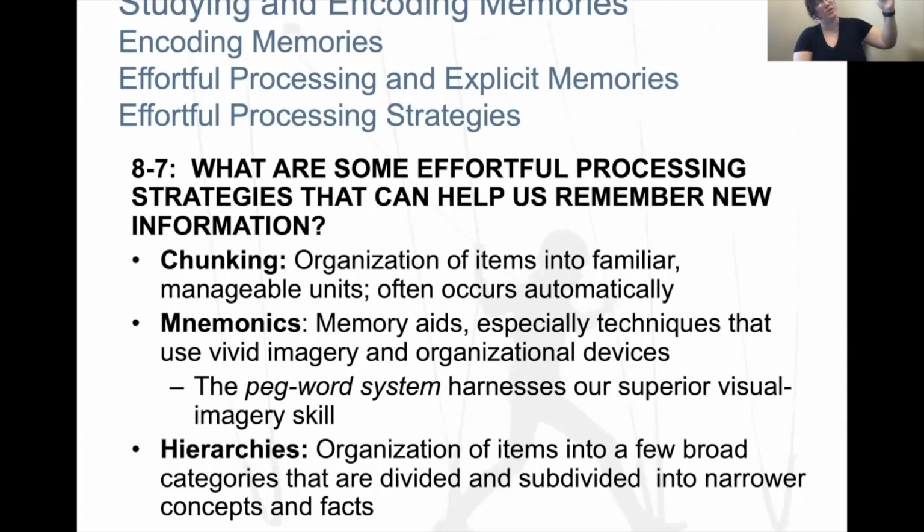And underneath each of those headers, you can put concepts that are associated with it. Concepts for encoding memories, concepts for sensory memories, right? And then underneath that, you can put definitions or important people or important models. That is a way you can structure your notes to really help you in that effortful processing of encoding those short-term memories into long-term memories.